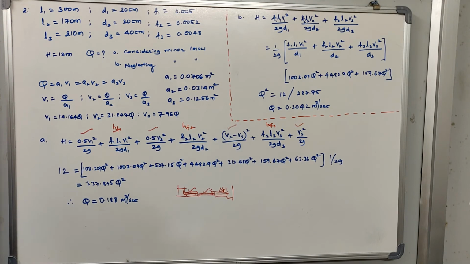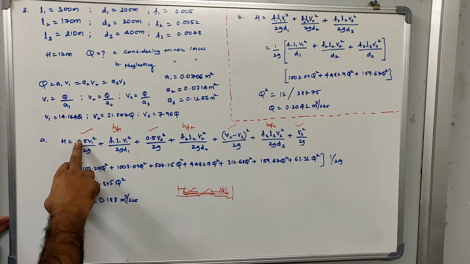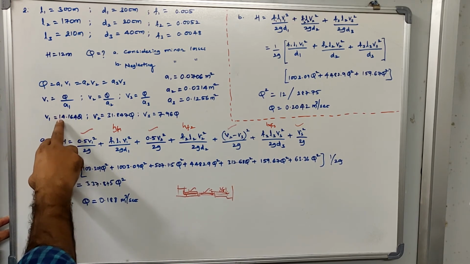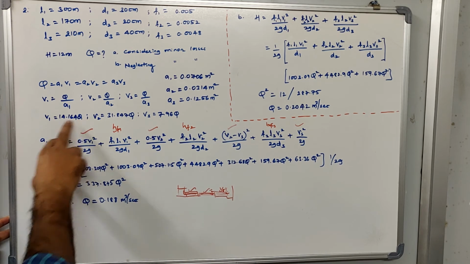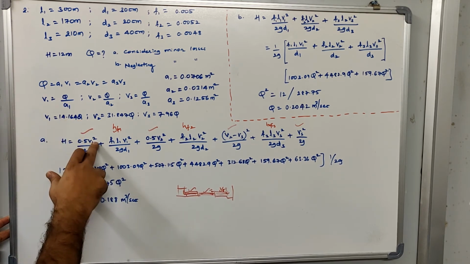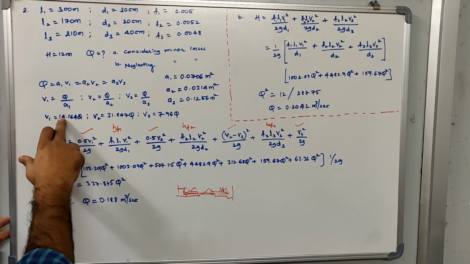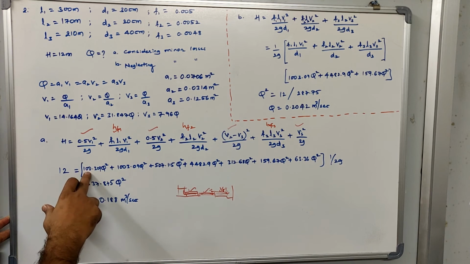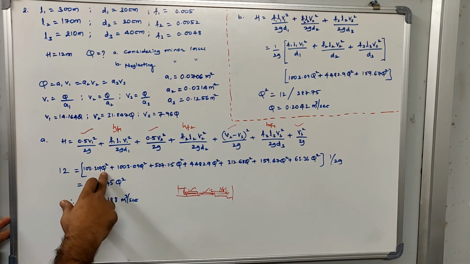Here, instead of V1 I have to substitute this value, which is 14.164 Q. So assume that I have substituted this value over here. So 0.5 multiplied by 14.164 square will give you 100.309 Q square.